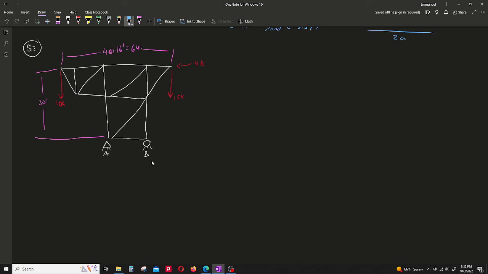And essentially we're just finding the moments. Moment about B is equal to 10 times 48. And then we also want to add in the moment about B for another force, the 4, times 30, minus 15 times 16, minus, I'm just going to call it RAV, times 16.